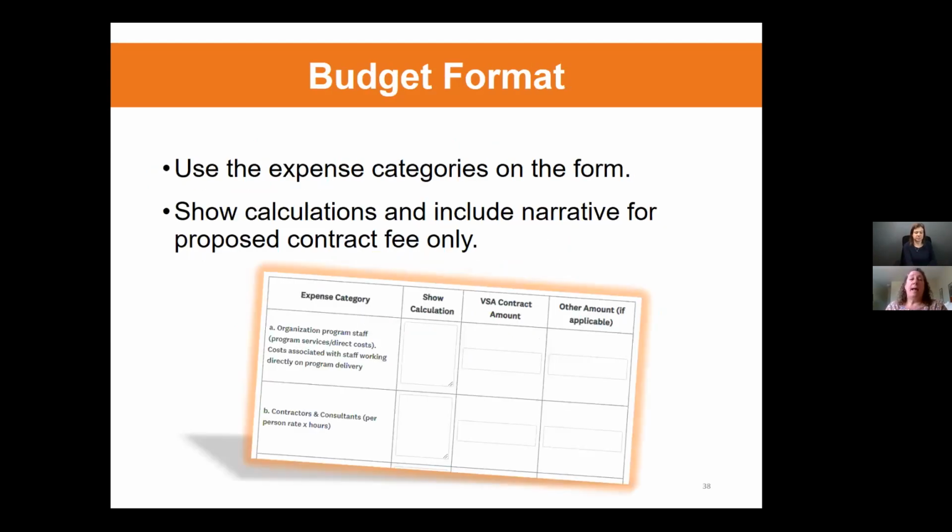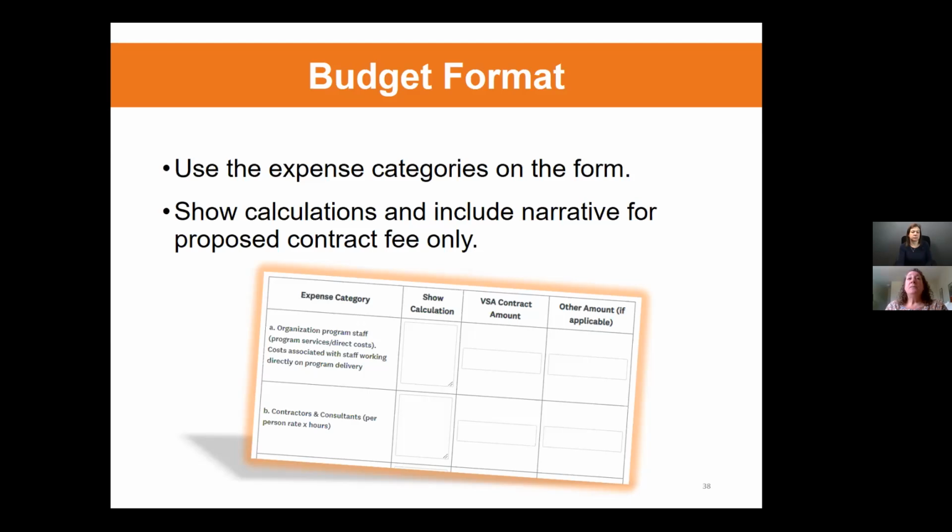The budget format. We have a preferred budget format with specified expense categories built into the proposal form. The form allows for flexibility in the level of detail. We expect to see calculations for each line item and narrative when it is needed.